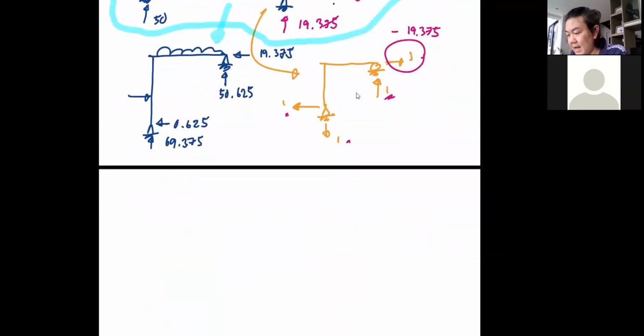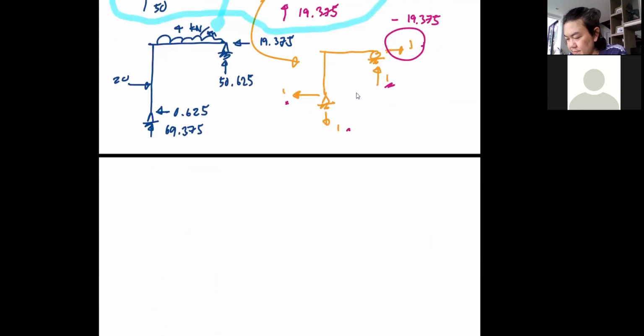So from here, I can now, let me try to write this, 4 kilonewton per meter. You can also draw your shear force diagram and bending moment diagram very easily. And so for the first piece, 69.375, 0.625.